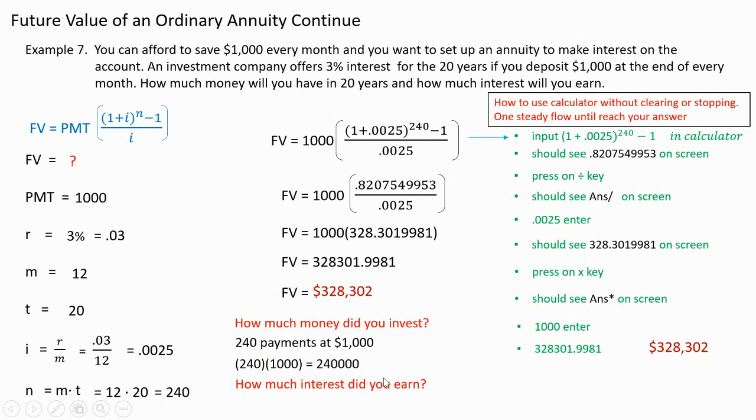Now, how much interest did you earn, or how much free money did you get just for depositing $1,000 every month for 20 years? We subtract 240,000 from the future value, and you got $88,302 in interest.